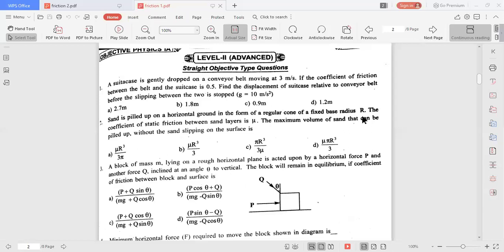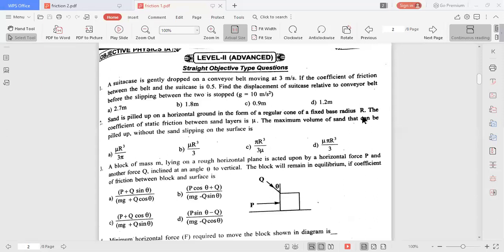Therefore, P plus Q sin theta is equal to FL, which means mu into normal reaction. In this case, what is the normal reaction? You see, weight mg pushes the floor in downwards direction. Q cos theta also pushes the floor in downwards direction. The total force acting on the floor due to the block in downwards direction is equal to mg plus Q cos theta. The equivalent reaction force is exerted by the floor on the block.